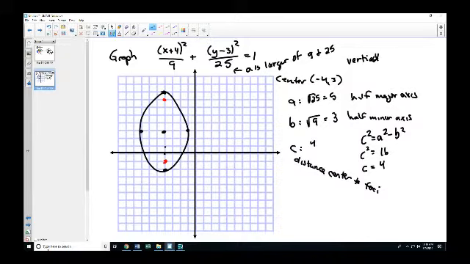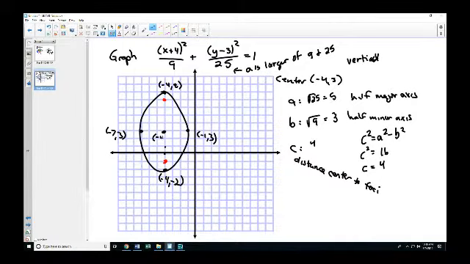Okay, you're going to have to identify all these points. What's that vertex? This one's -4. About here. It's nice because the y values match here and the x is here.